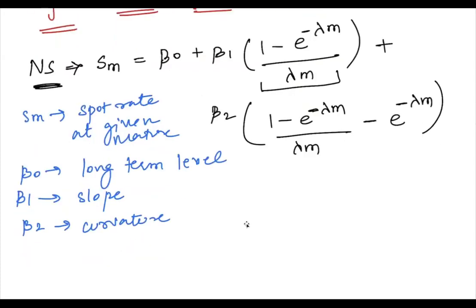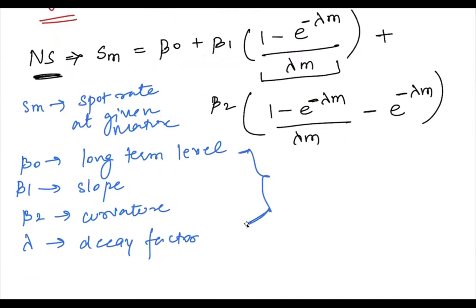And lambda was the decay factor. If you have not seen my video, I highly recommend you go and watch it, because I've told in detail what each component means in the Nelson Siegel model. This was the Nelson Siegel model, and m is nothing but the maturity.